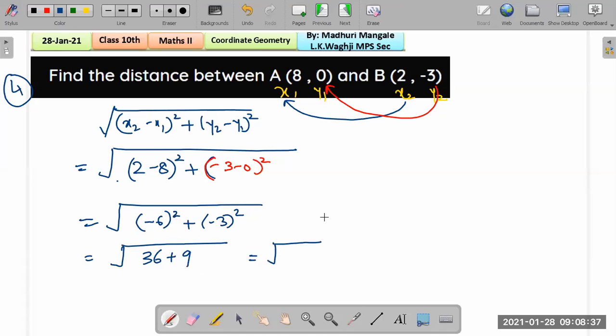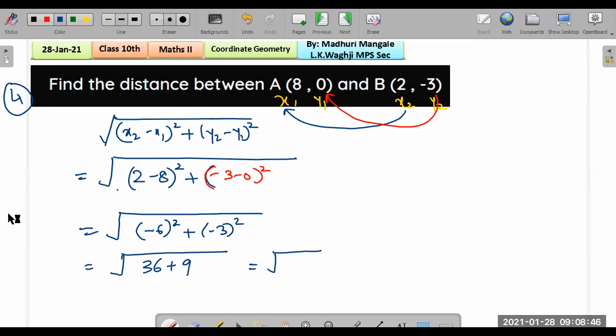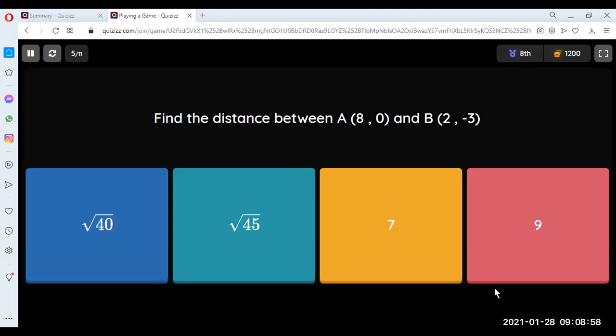Just simplify and select the correct choice quickly, students. So once you are done, go to the quiz link, move to that page.